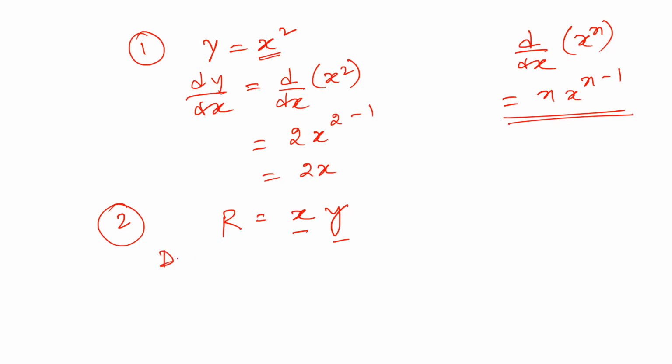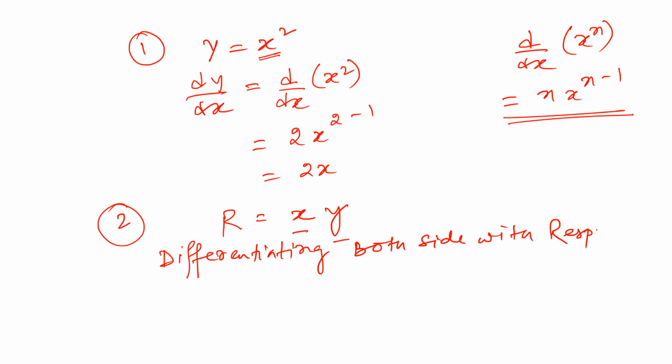So I have to write down differentiating both sides with respect to x. What will I get? I will get d dx of r. So that means dr dx. This is equal to d dx of the function x into y, right?